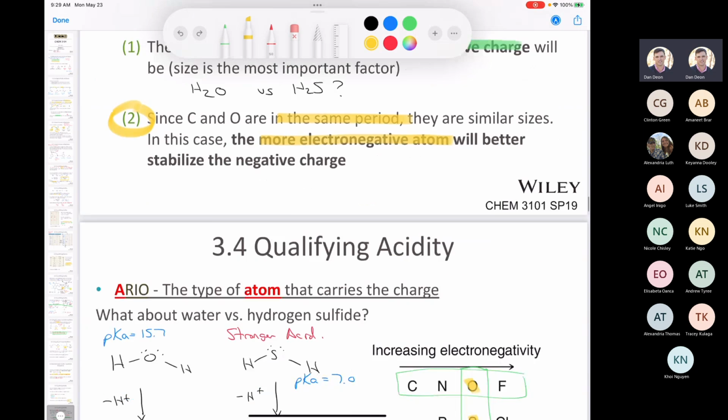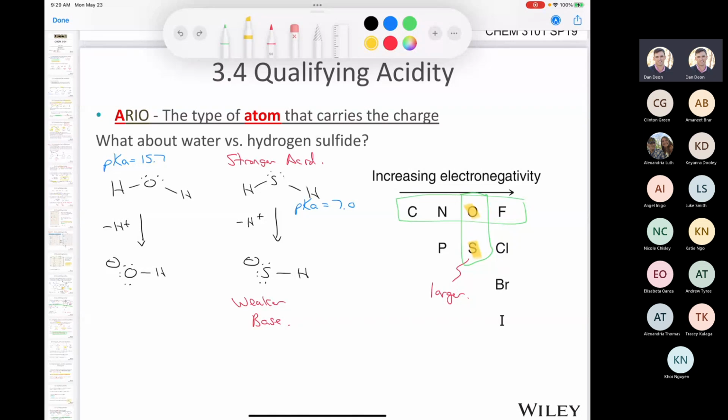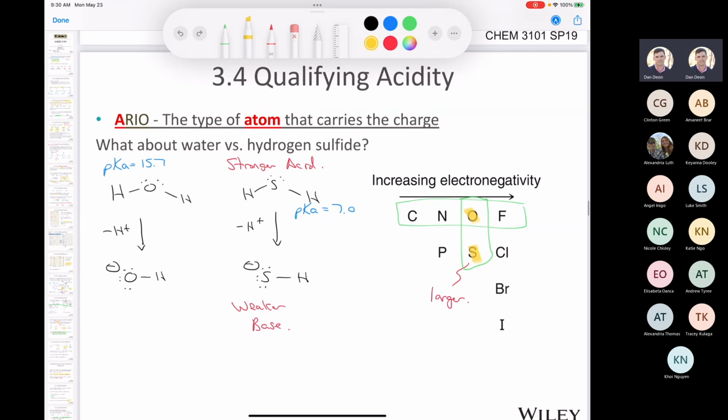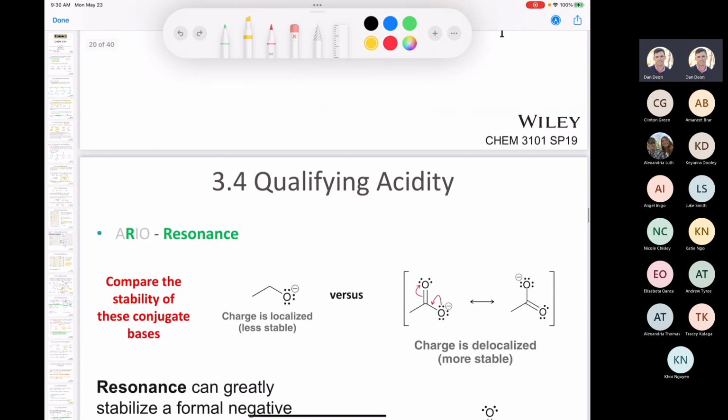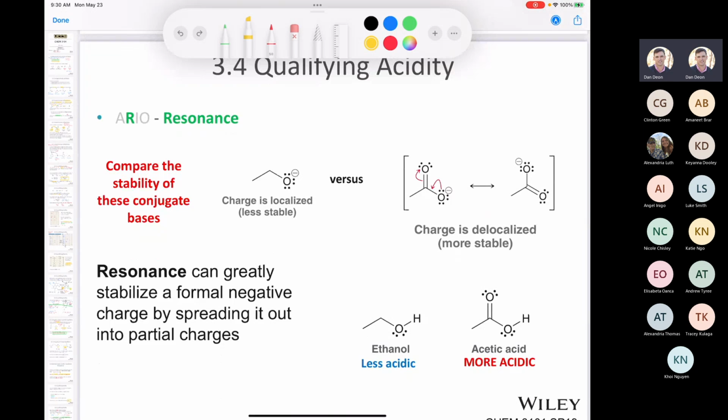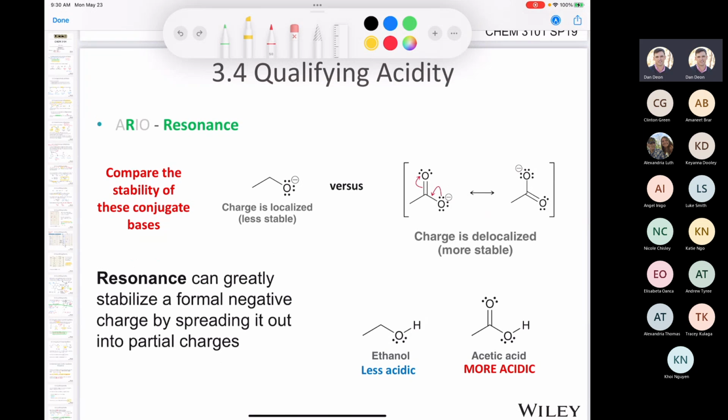So that's the atom. Well, what if you have a negative charge that's on two atoms and they're identical? What if we compare a negative charge on two oxygens? Well, we can't use atom to compare the conjugate base stability, and therefore we must go to the next letter of our acronym, which is R, and that stands for resonance. Let's say we were comparing this conjugate base with this conjugate base.